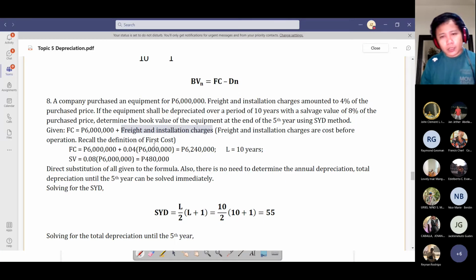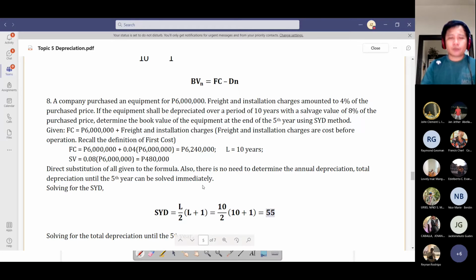But take note that we need to determine the book value at the end of the 5th year. So first things first, you need to solve for the SYD. This is the most important thing you should do first. Solve for the SYD. So SYD again, life is 10 years. So 10 over 2 times 10 plus 1 will give 55.